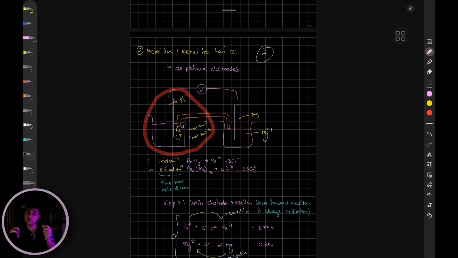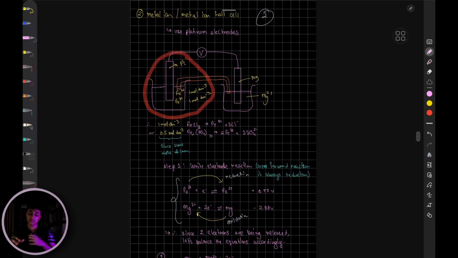You connect a voltmeter and you'll see a potential difference between two half cells due to redox reactions taking place. So in these cases, the electrode potentials of the half cells individually provide the flow of electrons, when connected.